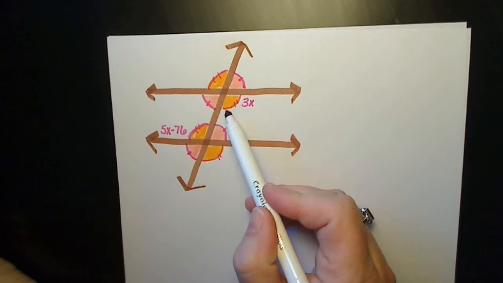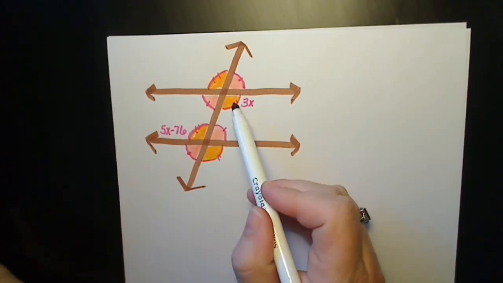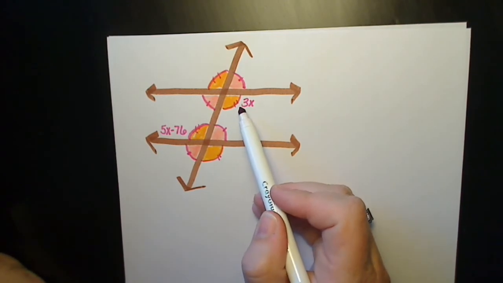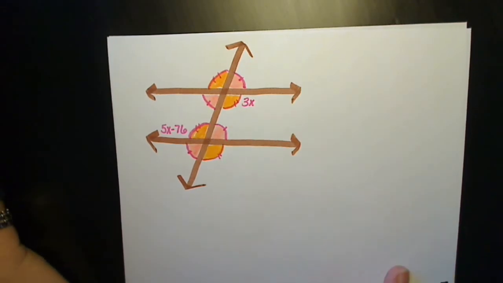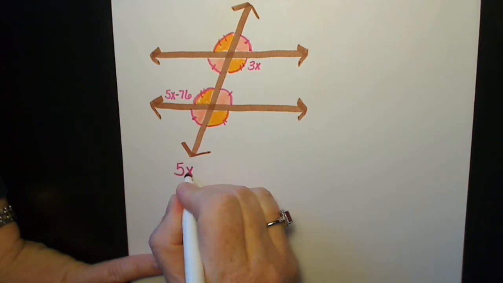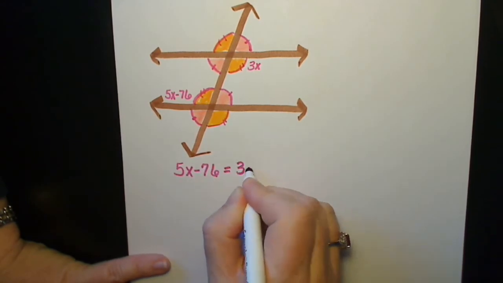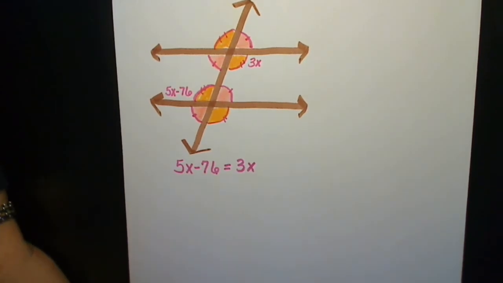Well, since these two angles are alternate interior, they're both inside the parallel lines, alternate on either side of the transversal, they're equal, and they're both orange. So when I solve for x, I'm going to set those two mathematical expressions equal to one another. And then I'm going to solve for x.